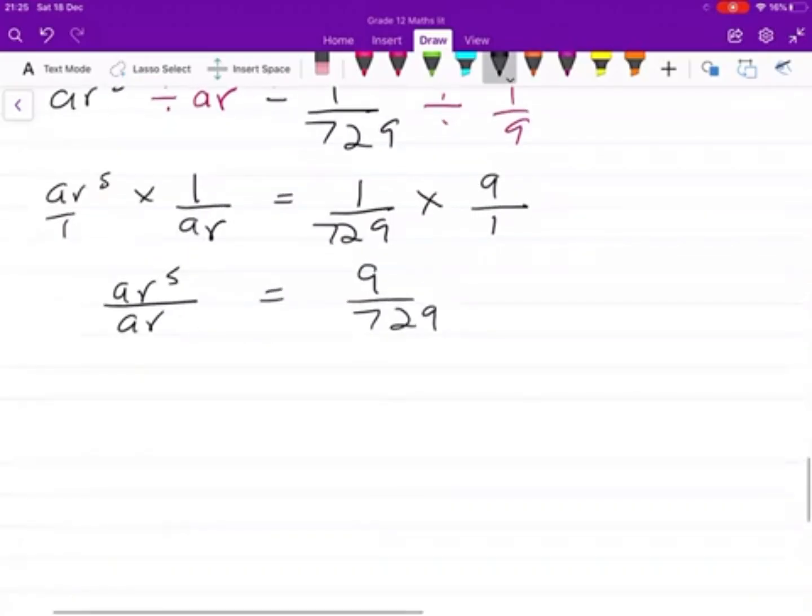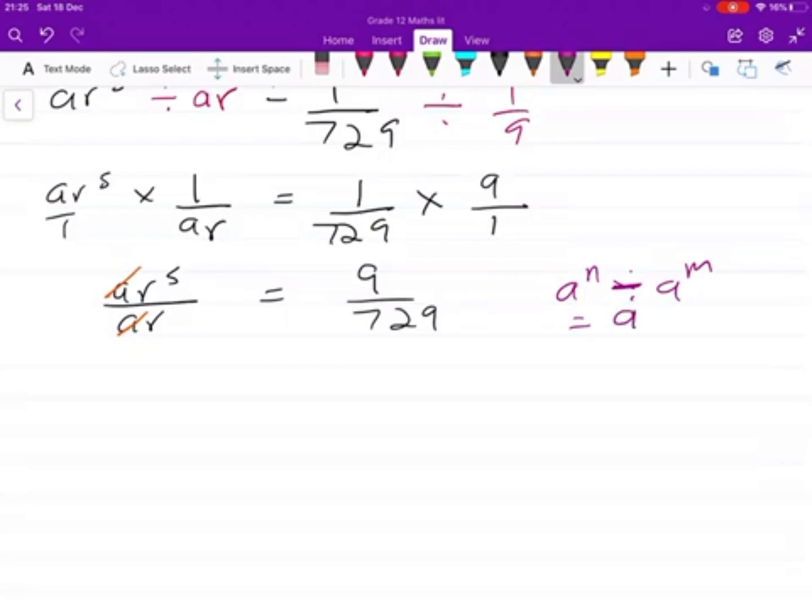Now notice what happens here. The A and the A cancel out, and we remember an essential property here: when the bases are the same during division, we subtract the exponents. So R is R to the exponent 5 minus 1.